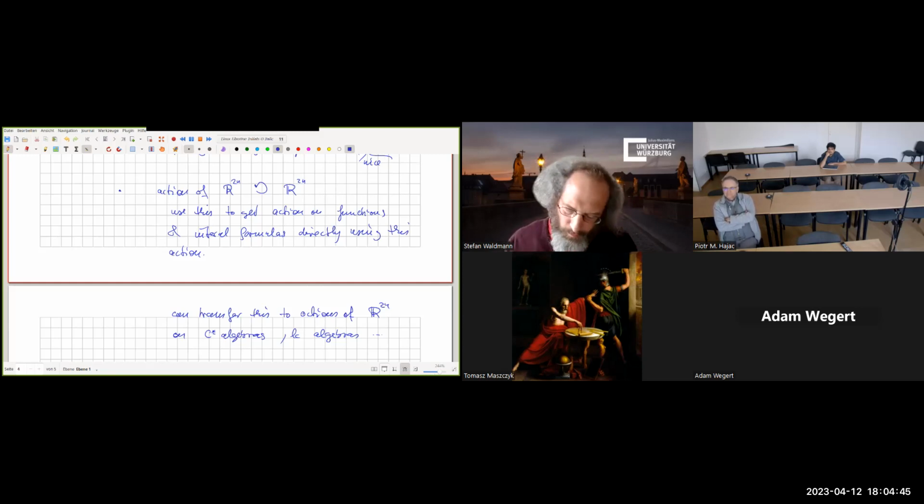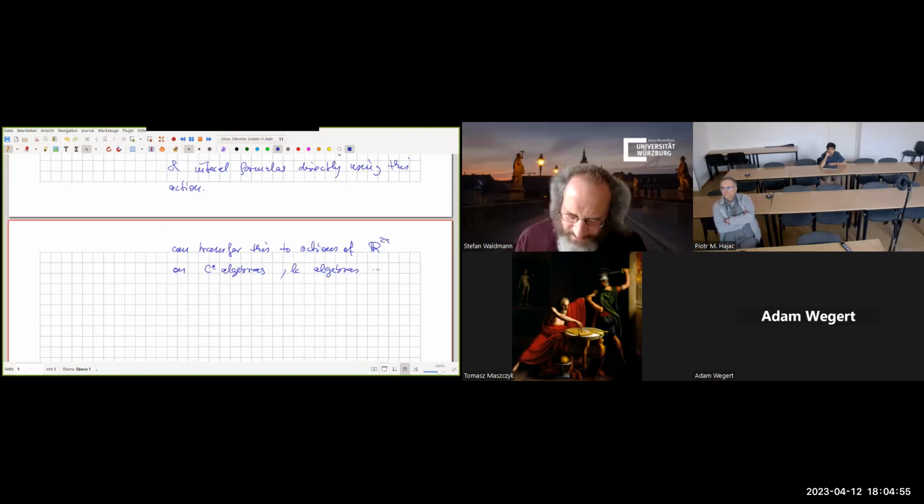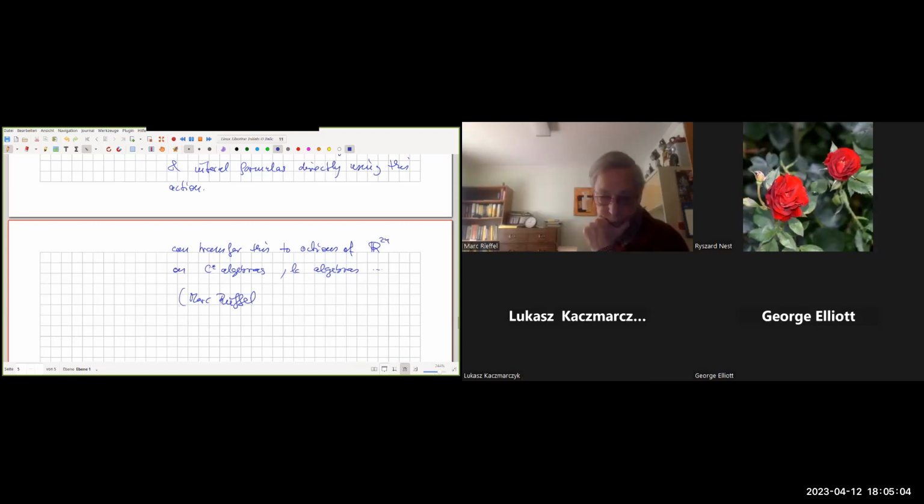And then you can complete, and out of old C-star algebras with such an action, you get new C-star algebras, now being deformed. So that is in Rieffel's work in the 80s, I think. Please correct me.